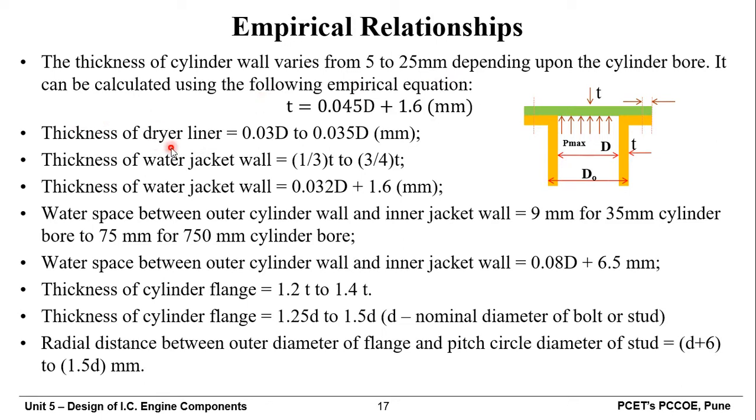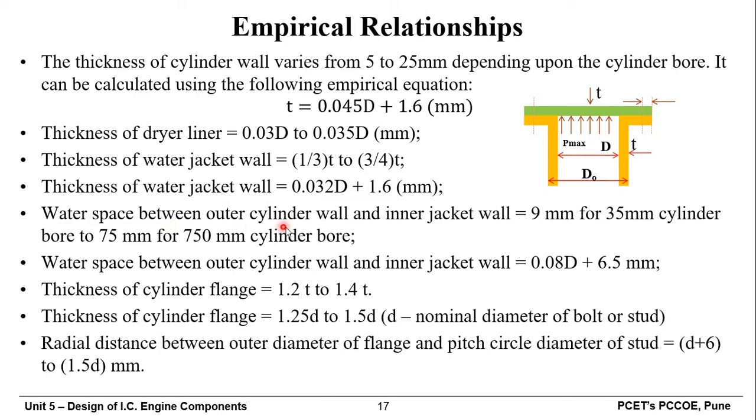Similarly, if it is a dry liner, then thickness can be calculated by 0.03 D to 0.035 D. Or if it is a water jacket wall, then the thickness can be calculated as 1/3 of T to 3/4 of T. And the thickness of the water jacket wall can be expressed in terms of the diameter of the cylinder, so you can calculate 0.032 D plus 1.6 mm.